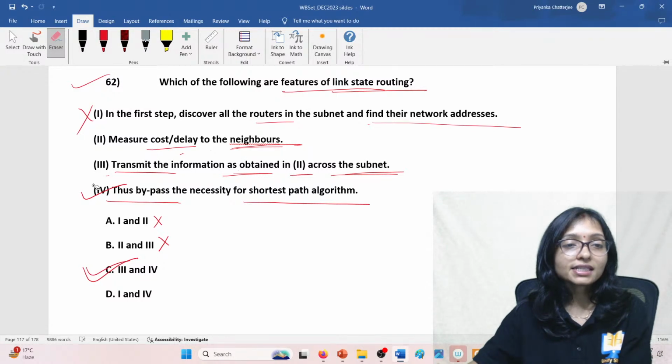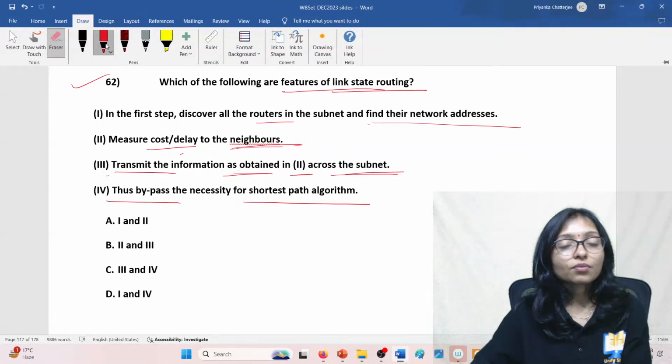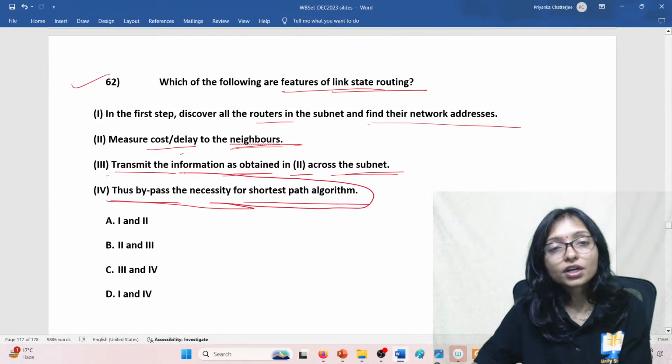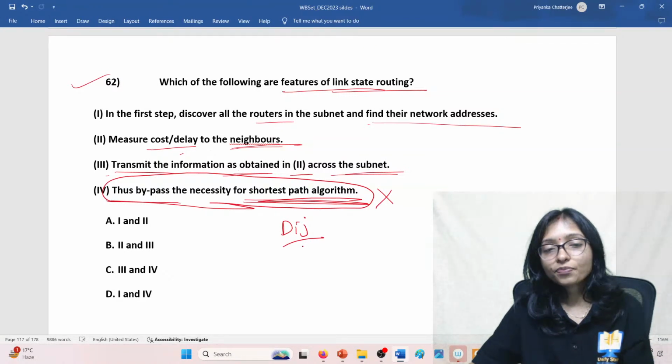Here, which one is correct? See, option B. Why not? Because here we are making one mistake. It says thus bypass the necessity of the shortest path. It is wrong because it is focusing on shortest path. It is focusing on Dijkstra, right?